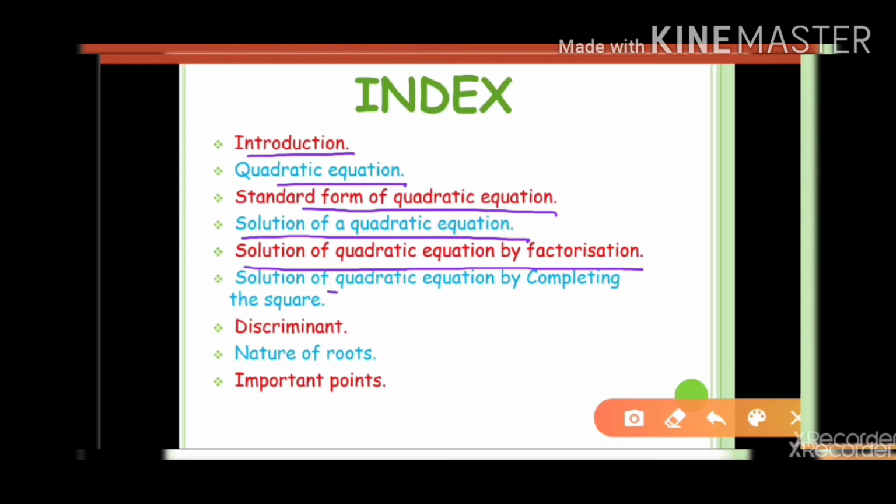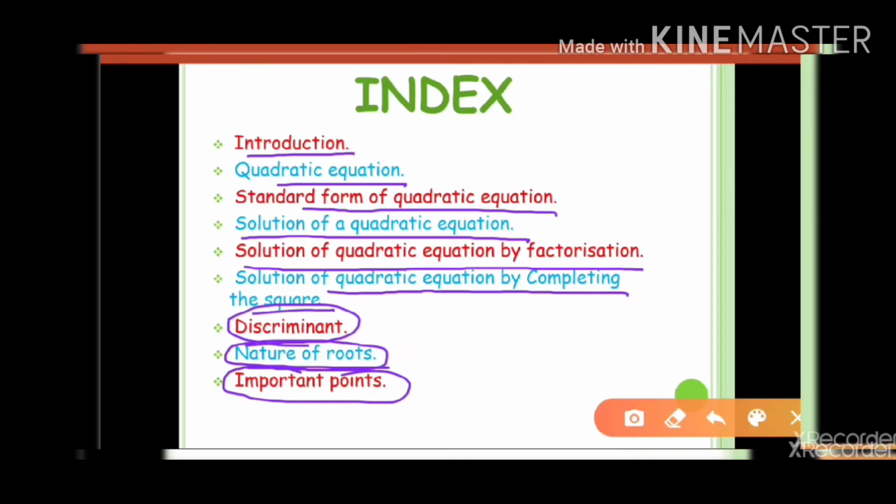We also learn about solution of a quadratic equation by completing the square, and then we learn about discriminant. We also learn about nature of roots, and then we learn some important points related to this chapter.